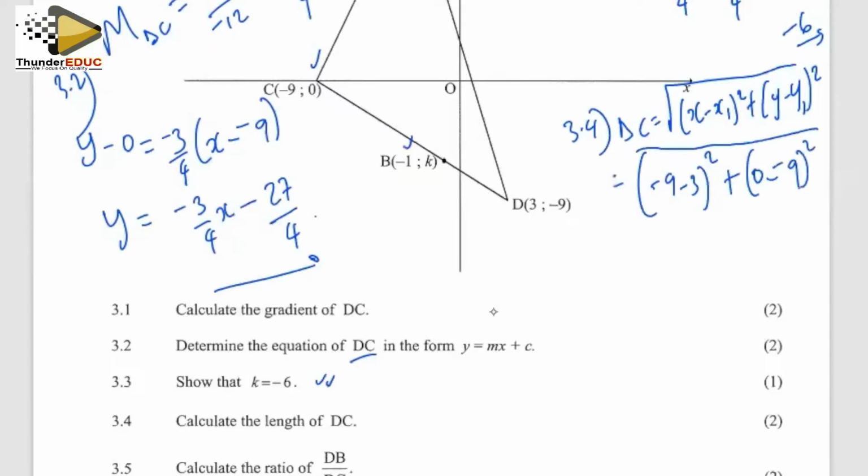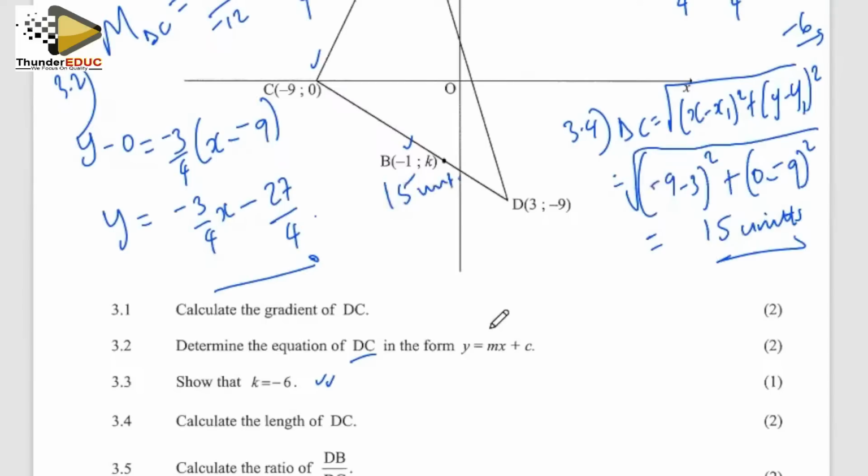This must be under the root sign. So when I punch that into my calculator, -9, and then that is a 12, I'm ending up with 15 units, okay? So that is 15 units.